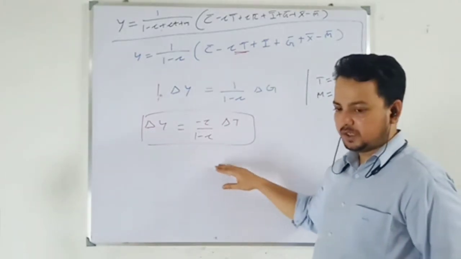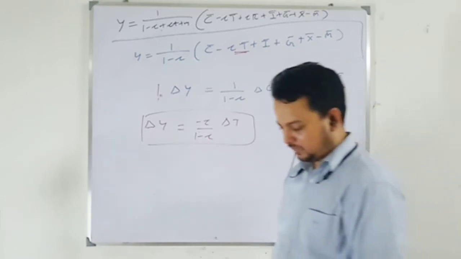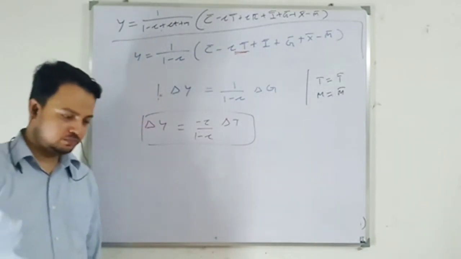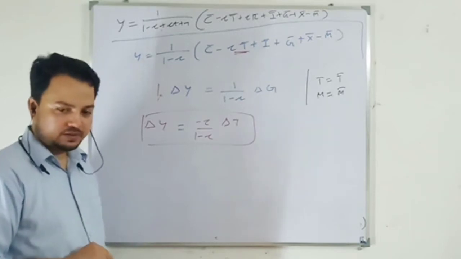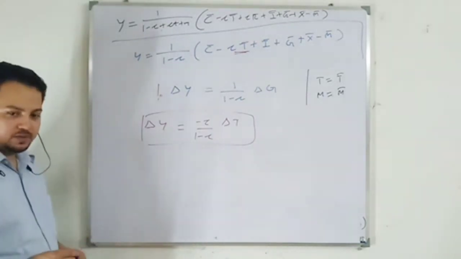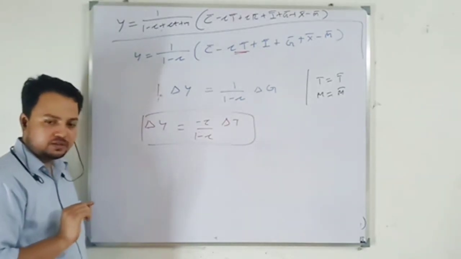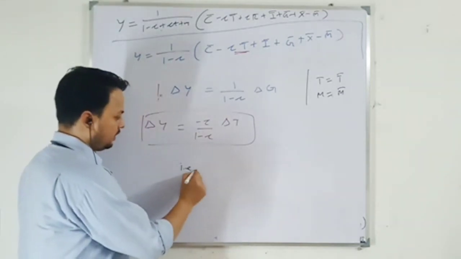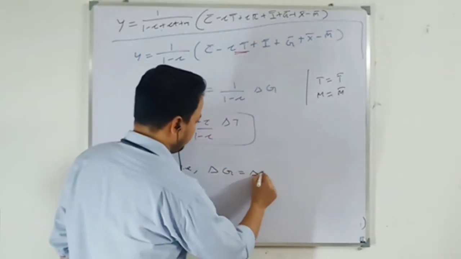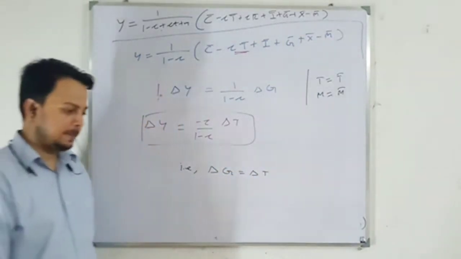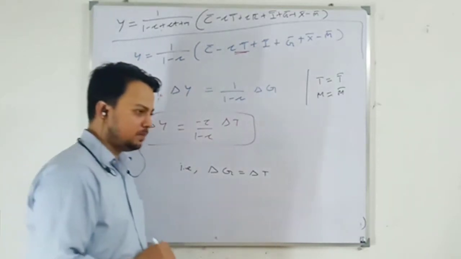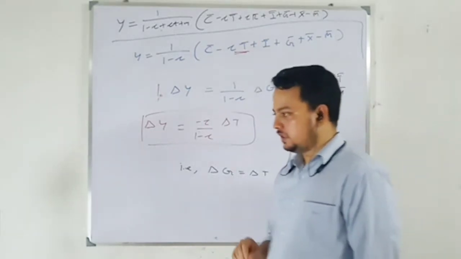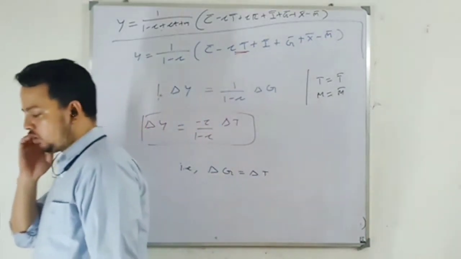In case of balanced budget multiplier, increase in government expenditure is financed by imposing an equal amount of tax.